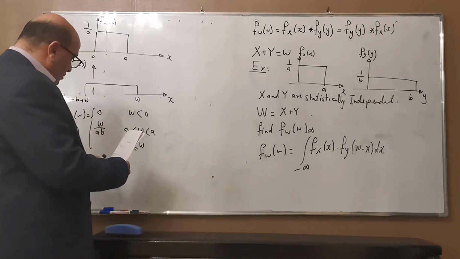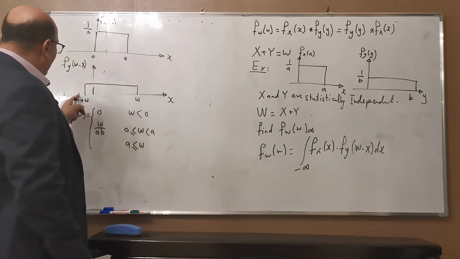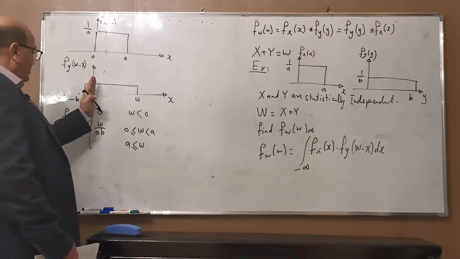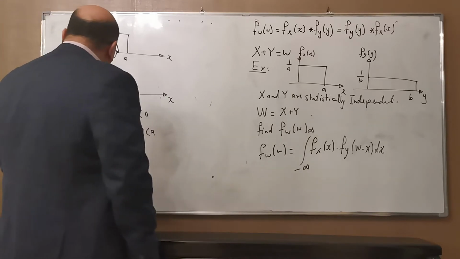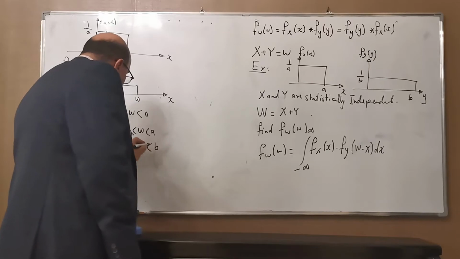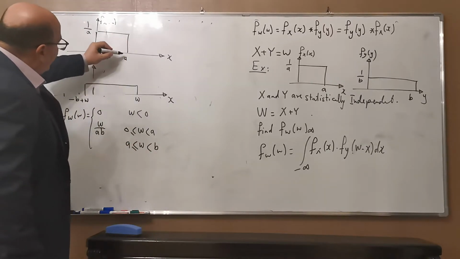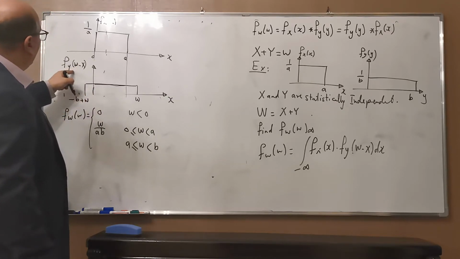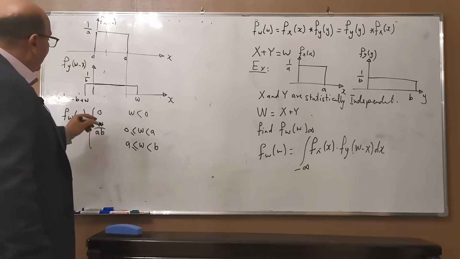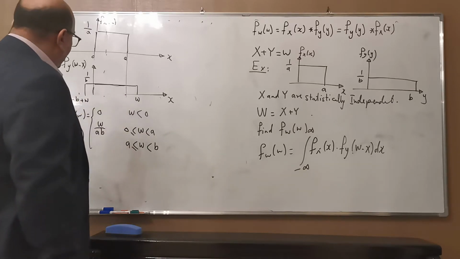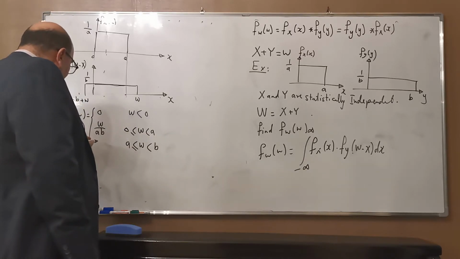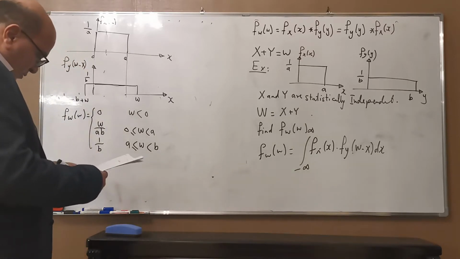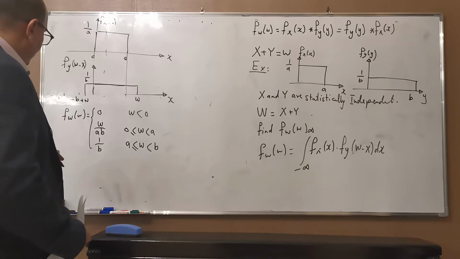So this is true until w minus b equals 0, which means that w equals b, so this is less than b. Now, in this area here, you have a constant 1 over a times 1 over b, and the width here is a. So it's 1 over a times 1 over b times a, so it's 1 over b. So the answer here is 1 over b.